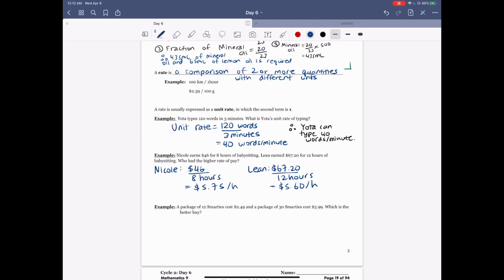And so by having the unit rate and these rates side by side, you can compare if product A is cheaper than product B, because things are provided in different sizes and different weights. Okay, so conclusion. So between Nicole and Lean, the higher rate of pay is received by Nicole. So therefore, Nicole has a higher rate of pay.